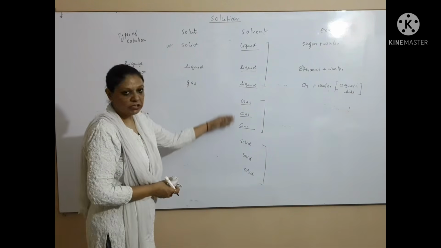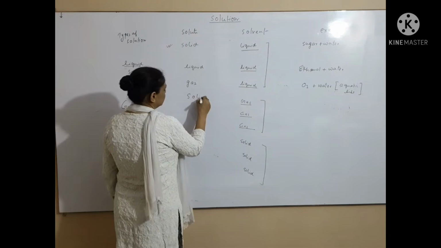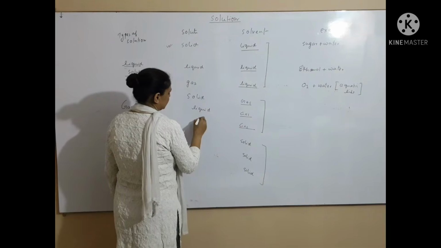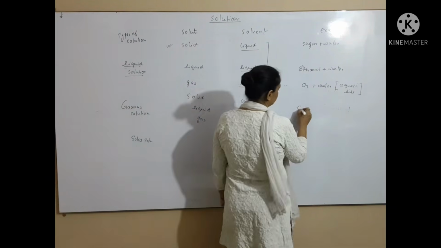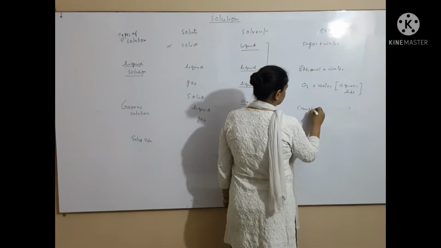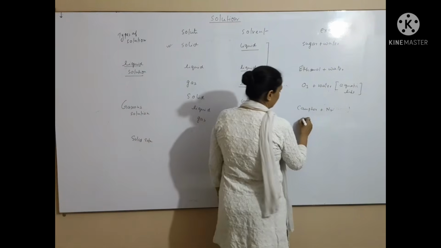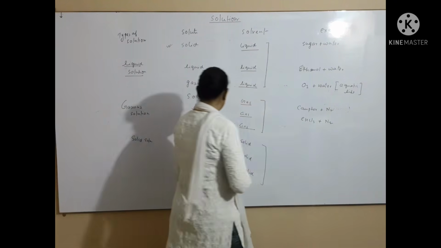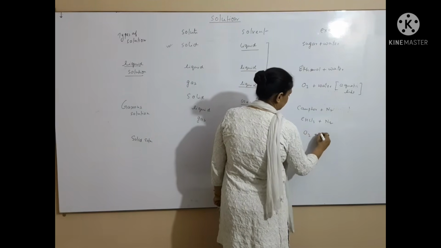Then in the gaseous solution also we can fill the same way: solid in gas, liquid in gas, gas in gas. Solid in gas, very popular, common, camphor with nitrogen. Liquid in gas, chloroform with nitrogen. And gas in gas, you can take oxygen plus nitrogen.